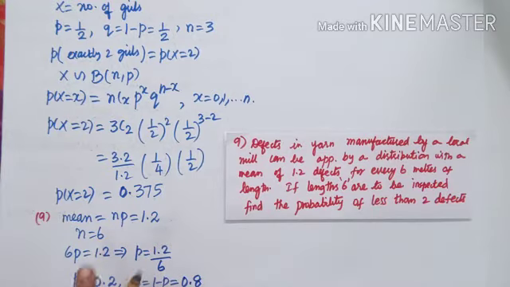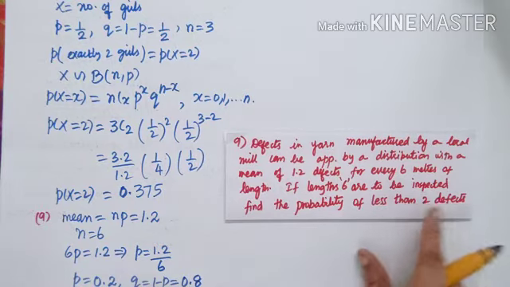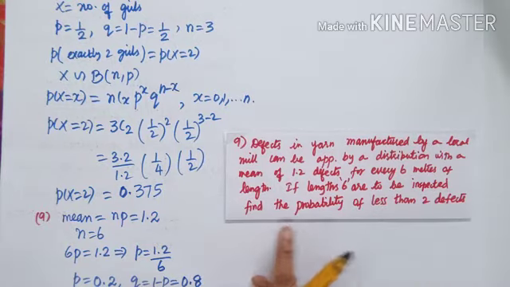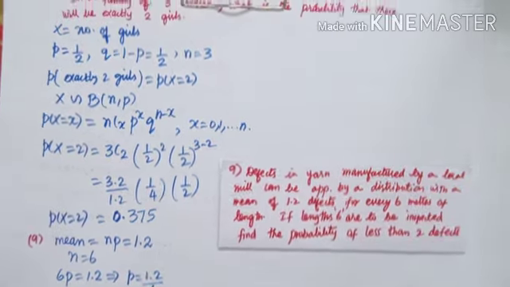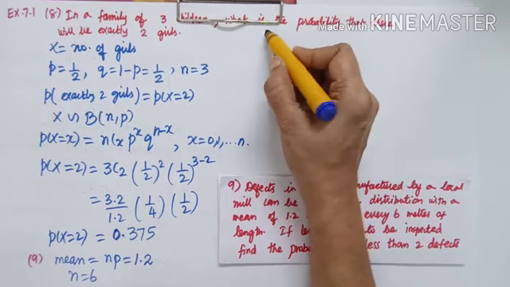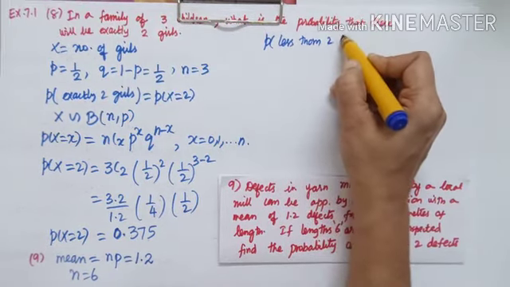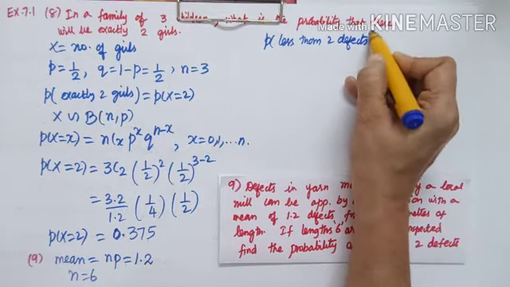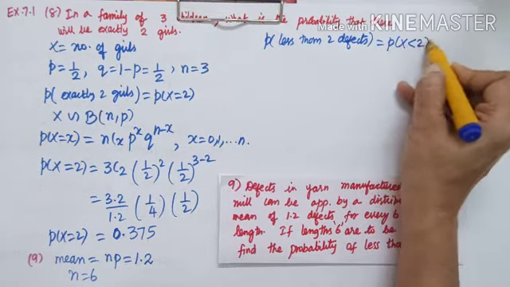As I know what is n, p, q, check what is asked. If lengths of 6 meters are to be inspected, find the probability of less than 2 defects. So what is the question? Probability of less than 2 defects. So taking X as the number of defects, we need to find X less than 2.